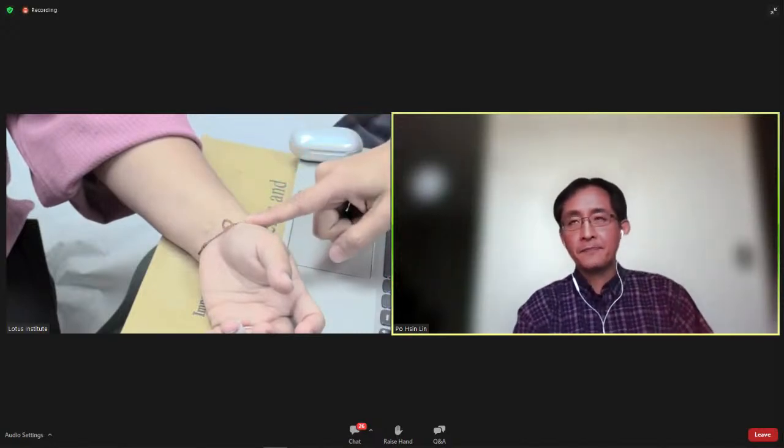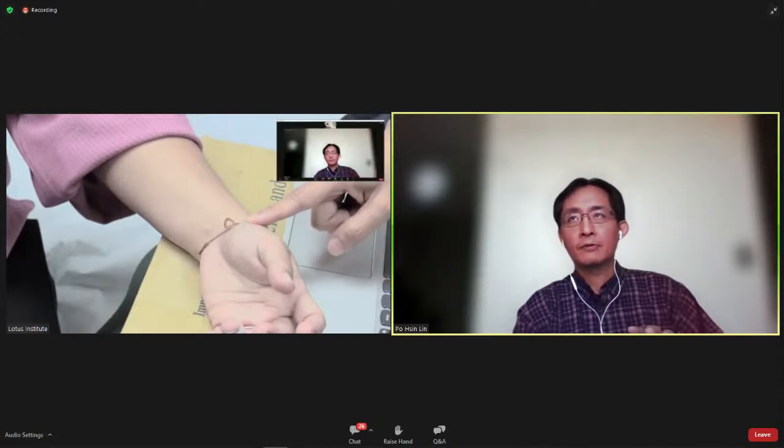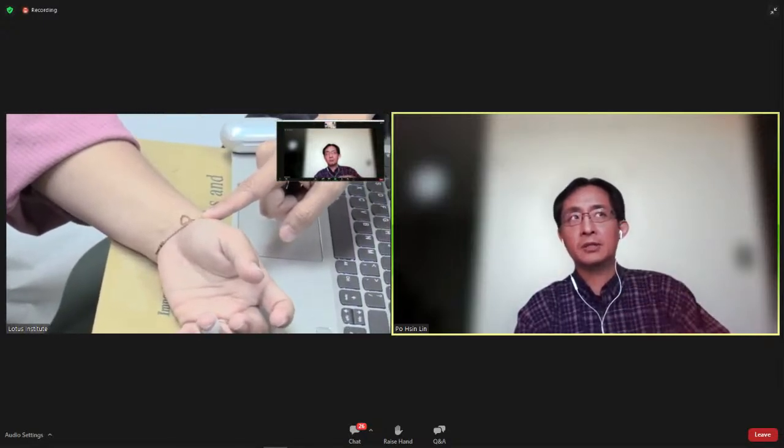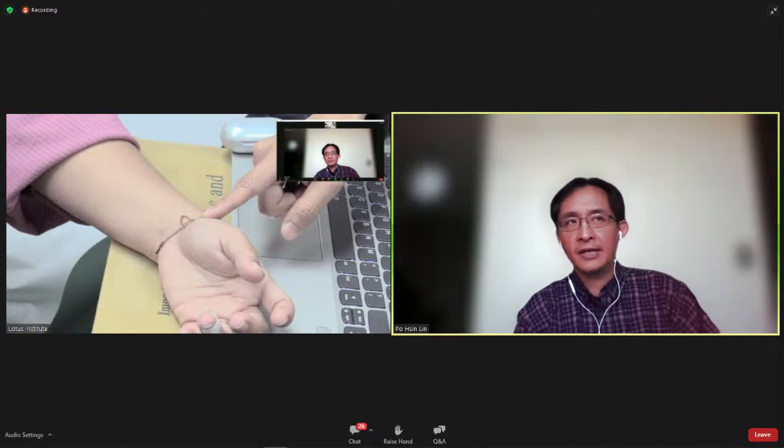When I take the pulse, I will use the 3 fingers together. Then I will push slowly, gently from superficial to middle to deep. And then I will release my finger and feel the reflection from the pulse and make sure whether the qi is enough, and whether there is qi stagnation.